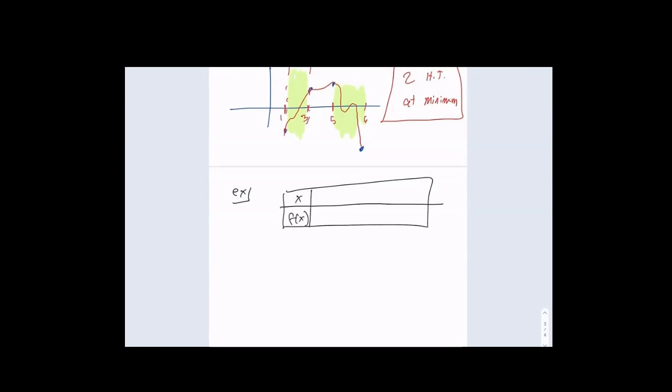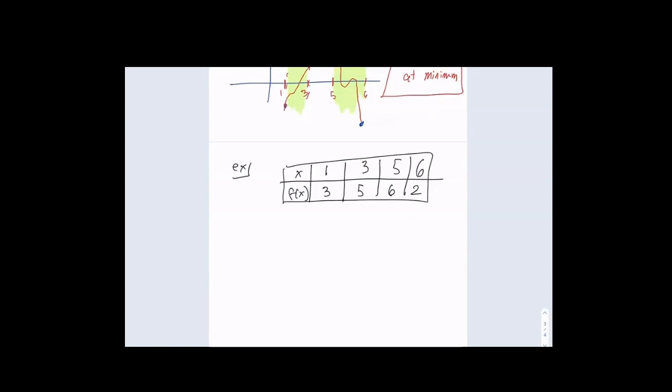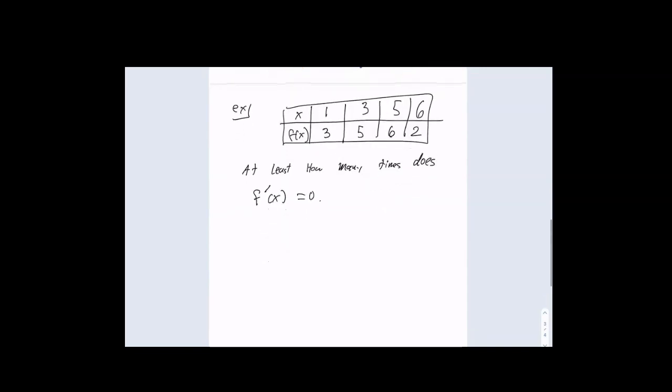I get 1, 3, 5, and 6, and I get like 3, 5, 6, 2, and then I ask you the same thing: at least how many times does f prime of x equal 0? I'm not going to relate to the example.